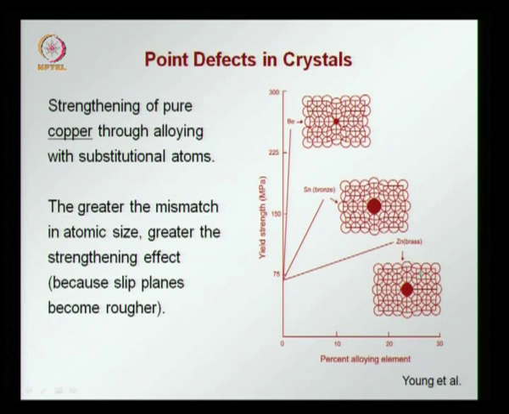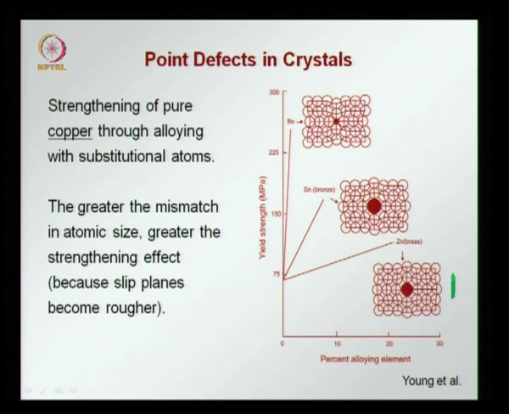On the right hand side you see a graph showing the yield strength on the y axis and the percentage of alloying element on the x axis. And if you see this case at the bottom, this is brass where copper is alloyed with zinc, and in the crystal lattice this is represented as the hollow spheres being those of copper, and the solid spheres being those of zinc, and you find that the zinc atom is slightly bigger than the copper atom.